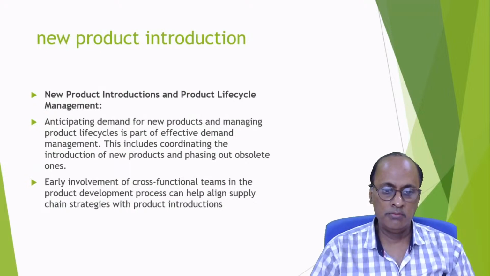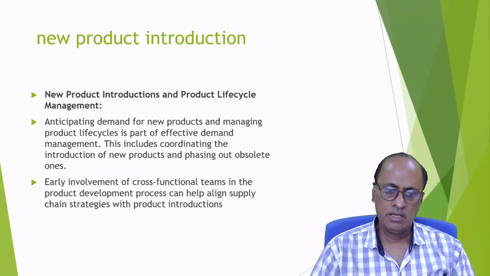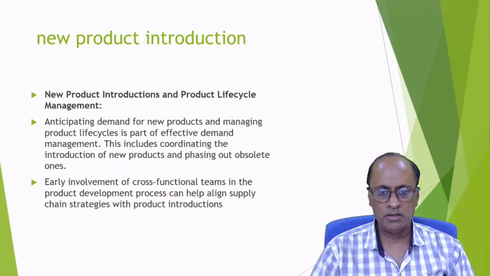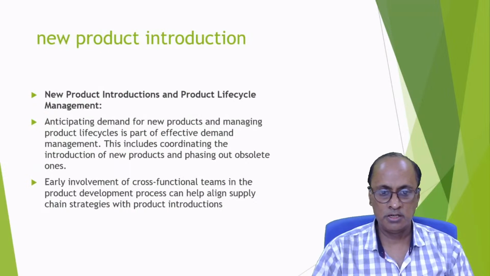So early involvement of cross-functional teams. Cross-functional teams means there are different functional teams in an organization like finance, marketing, HR, and your operations. All these must have an early involvement of cross-functional teams. The marketing team should be aware of the product life cycle of a product, and they should share the information with the operation team.